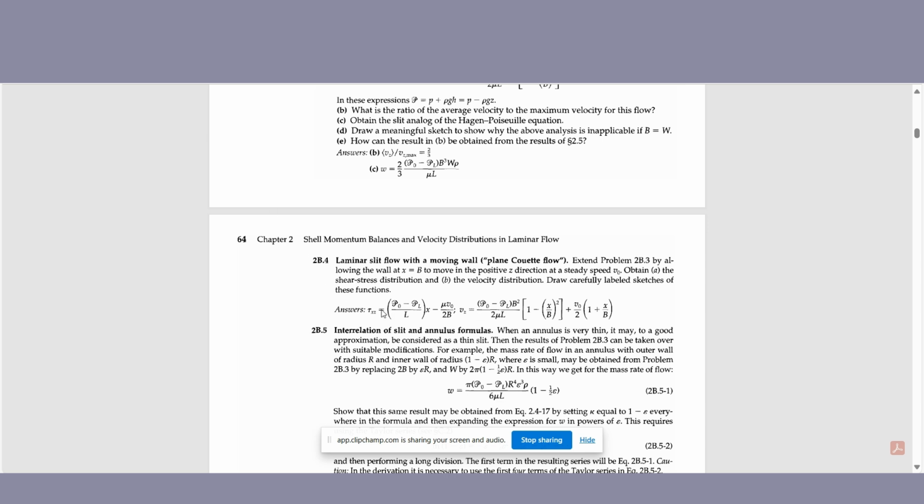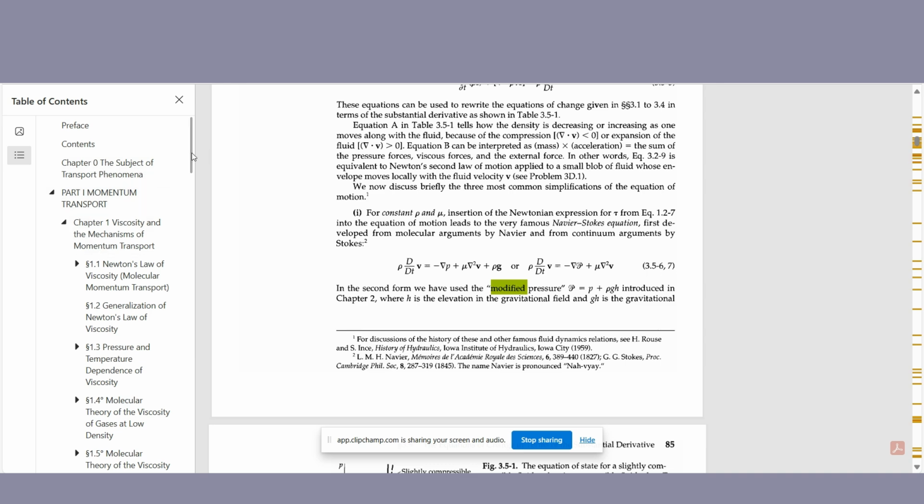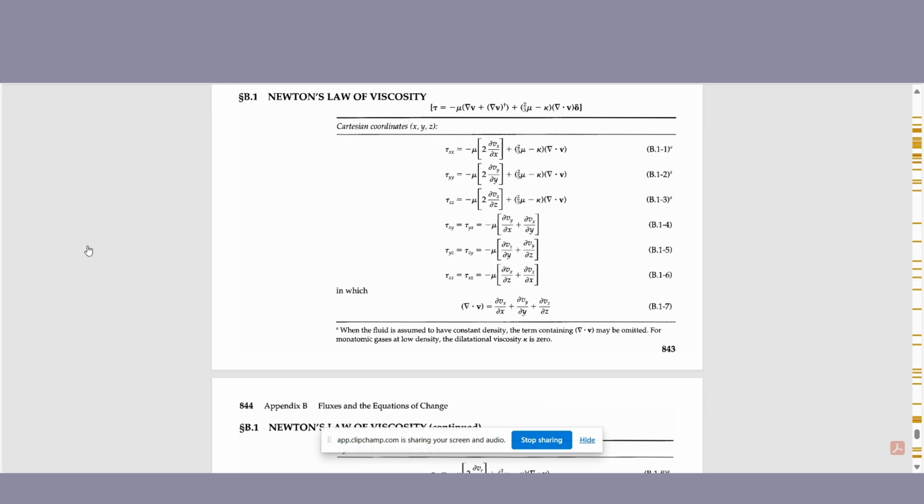If you look at table B1, you can find the definition for tau xz. Tau xz equals tau zx equals negative mu times dvx dz plus dvz dx, and this term cancels because there's no x velocity, so it's just negative mu dvz dx.